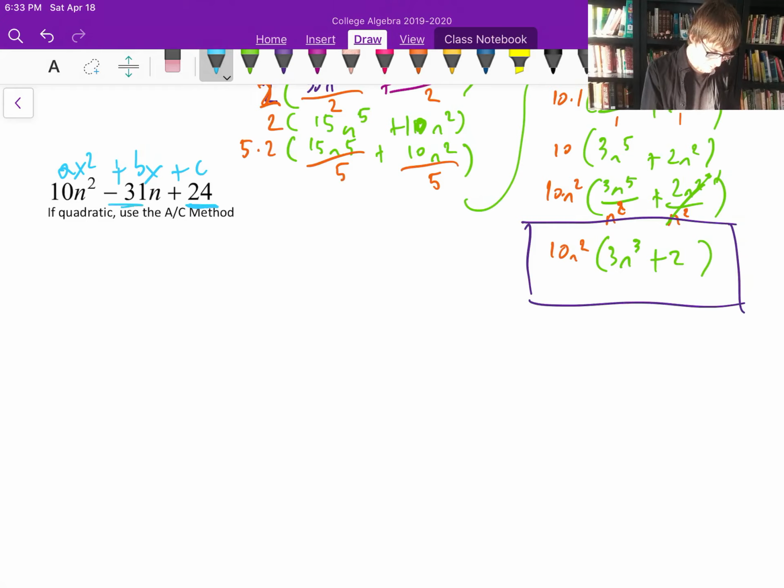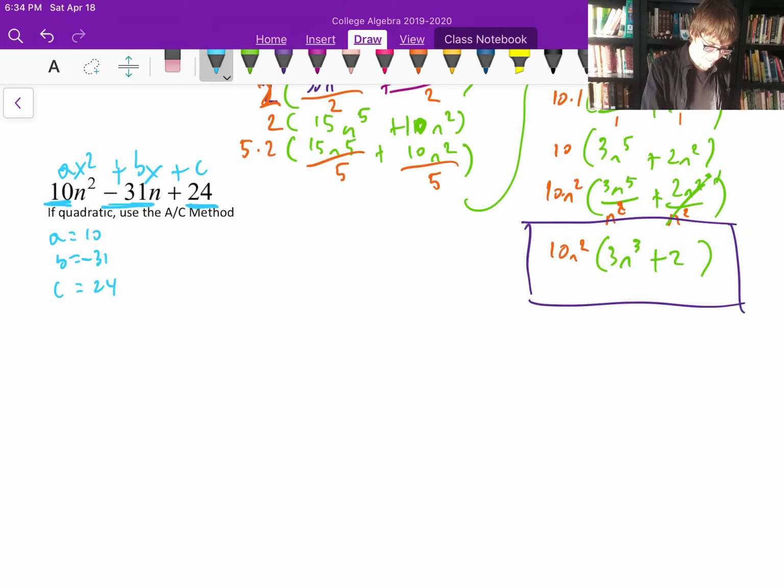The number, positive or negative, this one's negative, that's next to n, or next to just something without a power next to it, is our b, and the number that's next to n squared or x squared is a. Cool. We need to know that in order to get into the AC method. So just to start off, we can see that a equals 10, b equals, we'll actually include the minus there. That minus is helpful. So we'll actually say minus 31, and c equals 24.